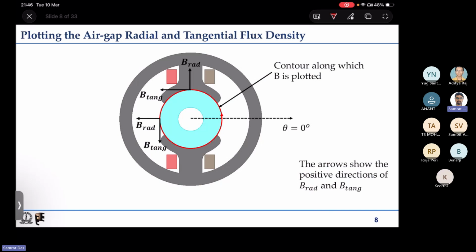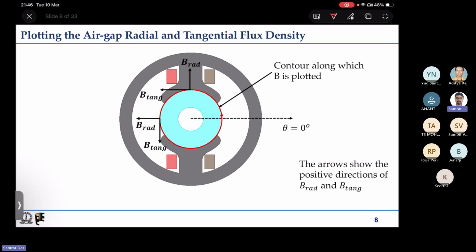Now let us go along the air gap. Let us take a red circle, as I have indicated, that is at the air gap. That is a contour along which B is plotted. The flux density is plotted, and the flux density direction is also plotted.